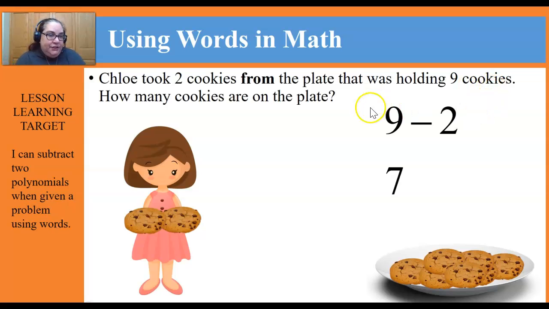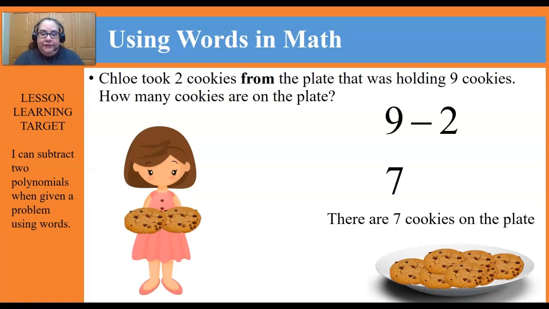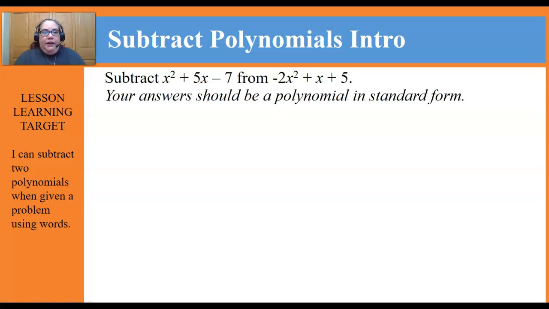So let's see how this translates into a polynomial problem. Oh, yes, there are 7 cookies on the plate. Okay, so we are going to subtract x squared plus 5x minus 7 from negative 2x squared plus x plus 5. And again, our answer should be a polynomial in standard form. That means that the largest exponent should be on the left and the smaller exponent should be on the right.